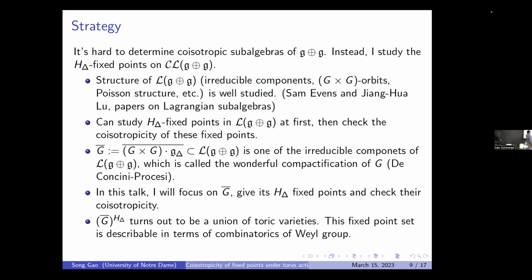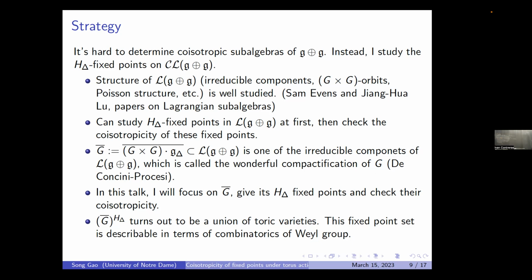In particular, in this talk, I want to focus on one of the irreducible components inside the variety of Lagrangian subalgebras, which is called G bar. This is defined as the G cross G orbit through the Lagrangian subalgebra G diagonal, taking closure.